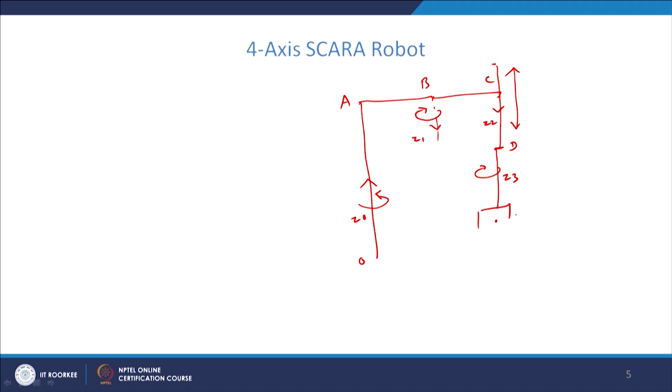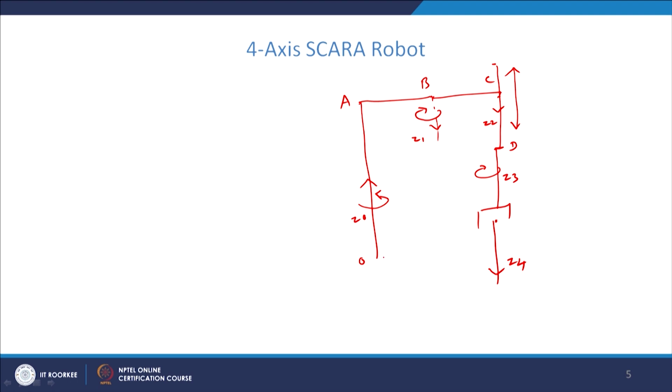So, finally, the end effector position. When there is an end effector, the approach direction, which is the end effector's Z axis, we call it Z4.